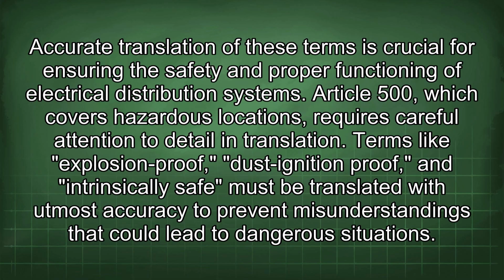Article 500, which covers hazardous locations, requires careful attention to detail in translation. Terms like explosion-proof, dust ignition-proof, and intrinsically safe must be translated with utmost accuracy to prevent misunderstandings that could lead to dangerous situations.